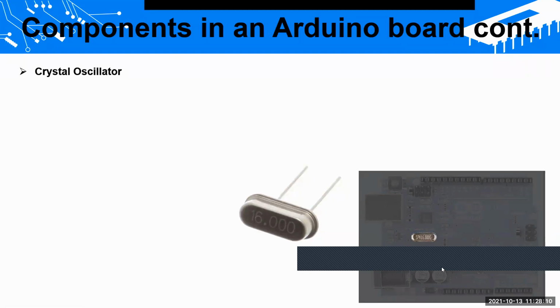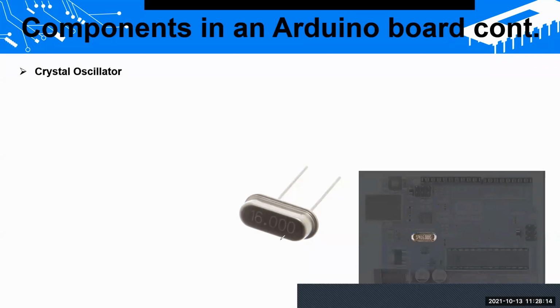If you take out the crystal oscillator, oscillator means the oscillating stuff, and crystal means this thing is built with crystals. It has a number here, 16, something like that. The basic need for an oscillator is synchronizing all the peripherals and the microcontroller.